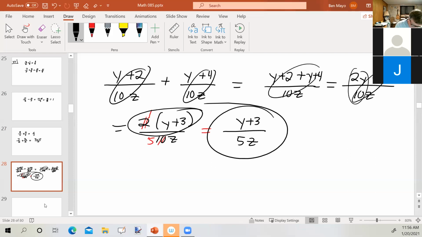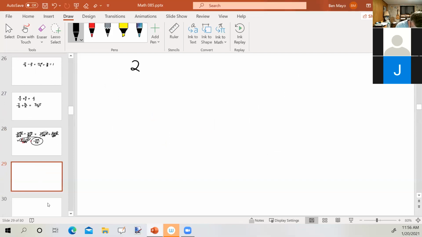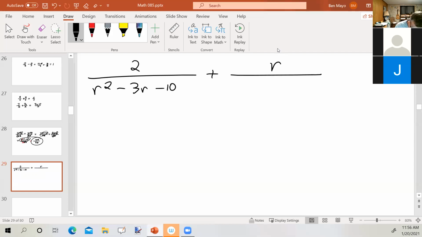Let's see here. How about this one? 2 divided by r squared minus 3r minus 10 plus r divided by r squared minus 3r minus 10. We're adding 2 fractions with the same denominator. So we're going to add the numerators.